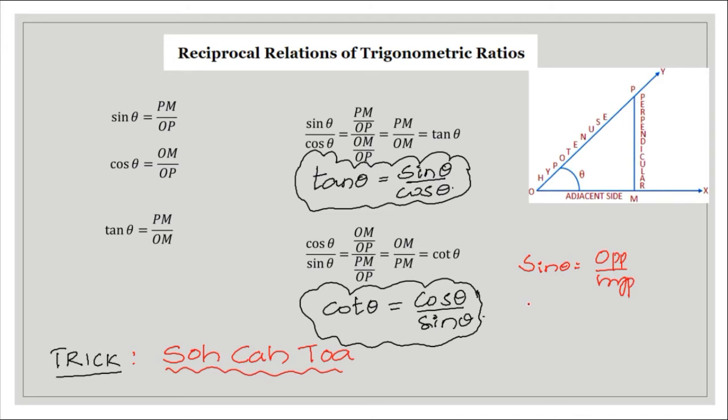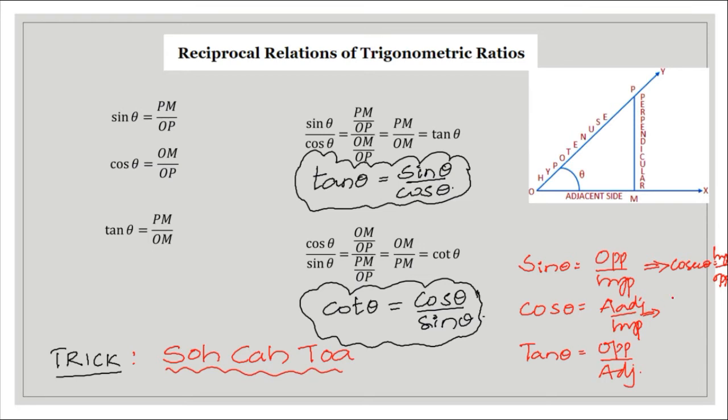C refers to cos theta, which is adjacent side upon hypotenuse. T refers to tan theta, which is opposite side upon adjacent side. When these three basic ratios are known to you, you can find the reciprocal. If you make this upside down, we get cosecant theta. Cosecant theta is hypotenuse by opposite.